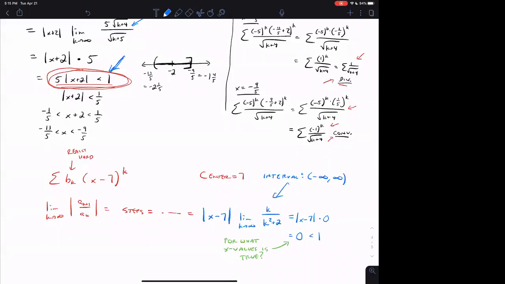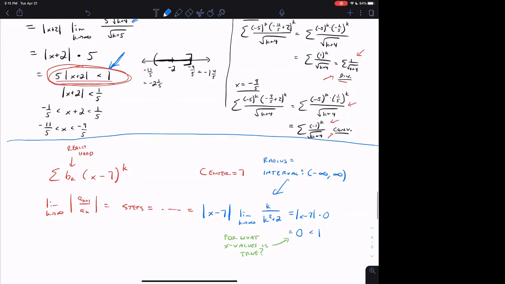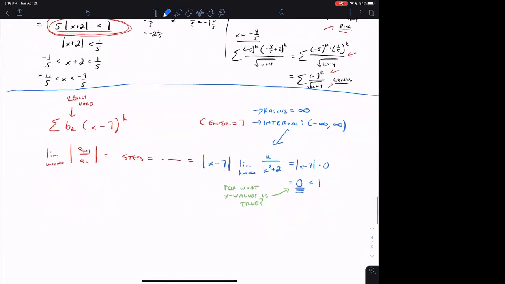Does that make sense? The radius is how far it is from 7 to infinity and how far it is from 7 to negative infinity. How far is it from 7 to infinity? Infinity. And how far is it from 7 to negative infinity? Infinity. So when you get 0 here, the radius of convergence is infinity, and the interval of convergence is everything from negative infinity to infinity.